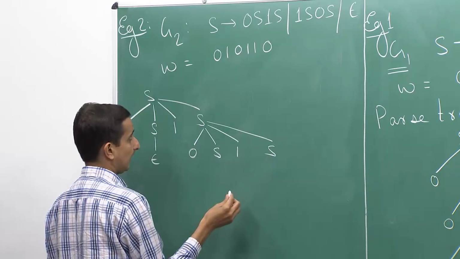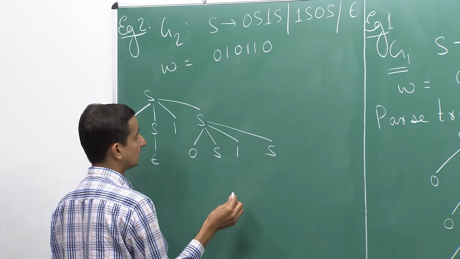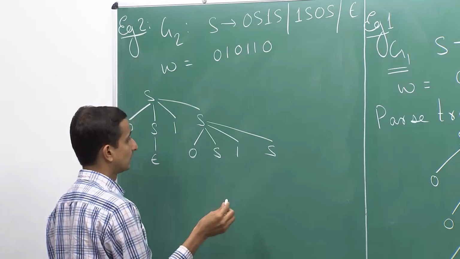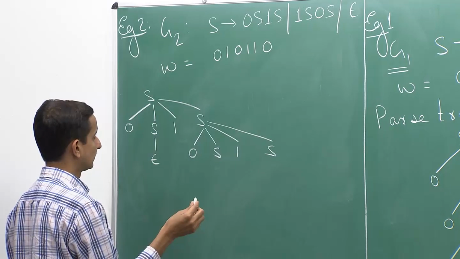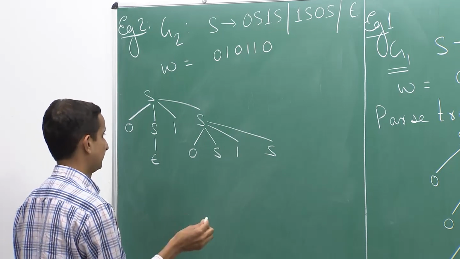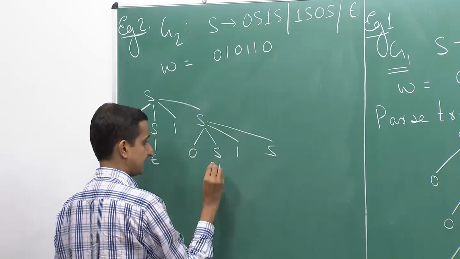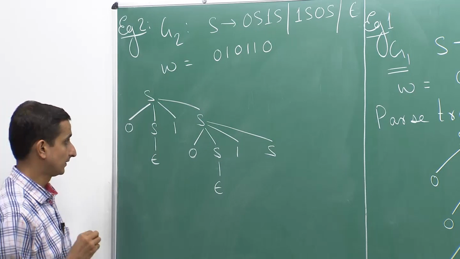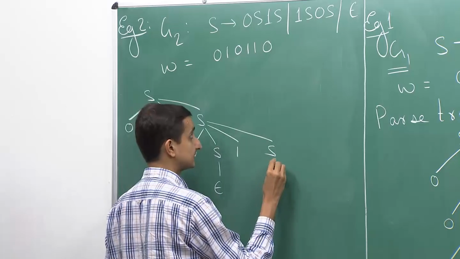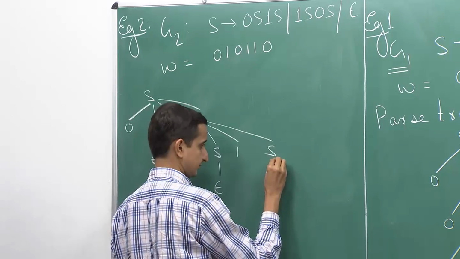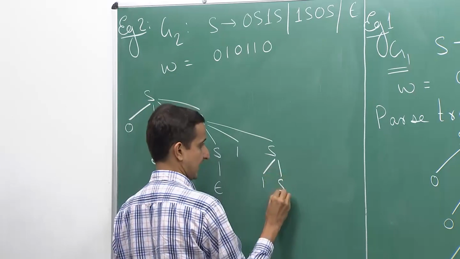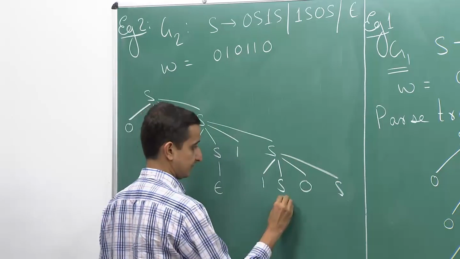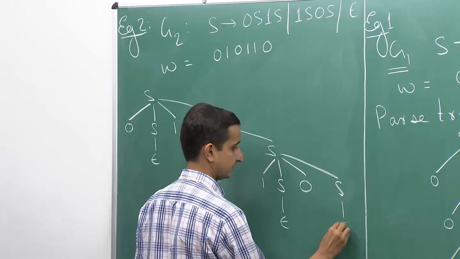And then we replace this S with epsilon, and then this S gets replaced with the production rule 1 S 0 S. We replace this with epsilon and this with epsilon.